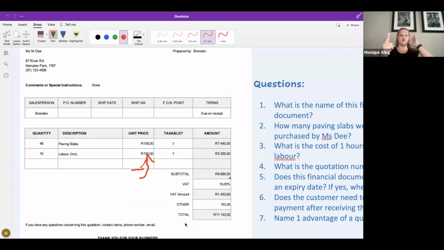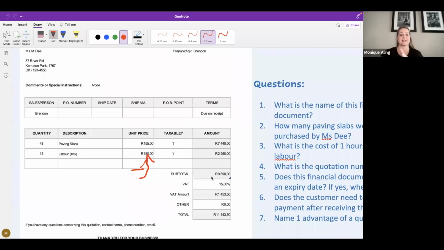That means it's the price for one thing. So in this instance, we are looking at hours. So it's 150 Rand for 1 hour. If it's 2 hours, we'd say 150 times by 2. Who got that right? Siwa, well done. Great. Okay, so just remember, unit price is the cost of one thing.